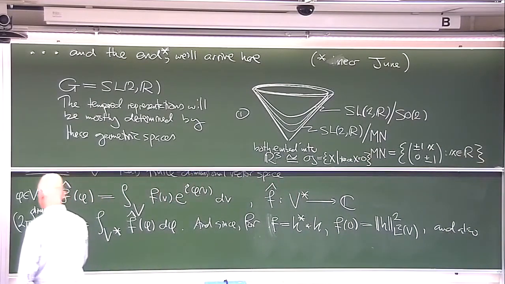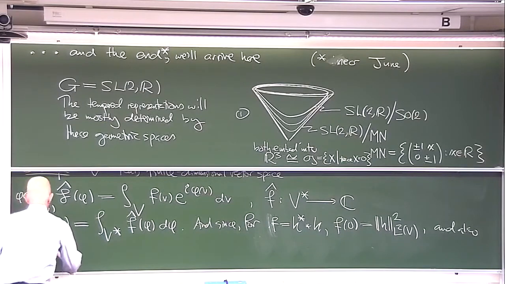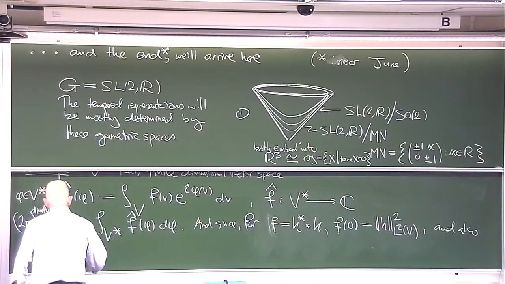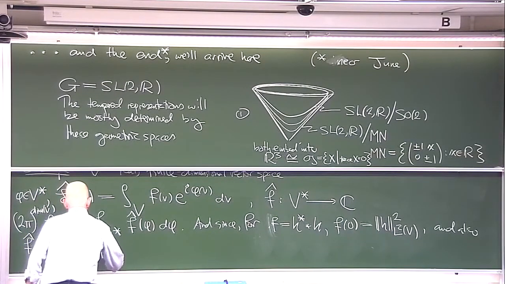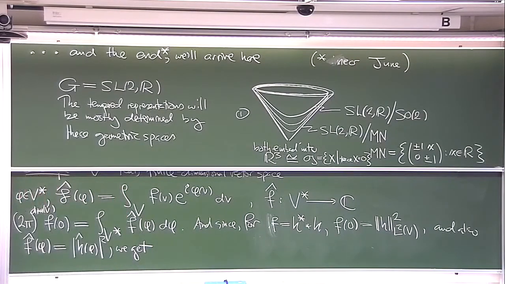Secondly, if you calculate the Fourier transform at any point phi, what you find, it's easy to do the calculation, is that this is just the absolute value of h hat of phi, squared. If you put these things together, you get a formula out of this.